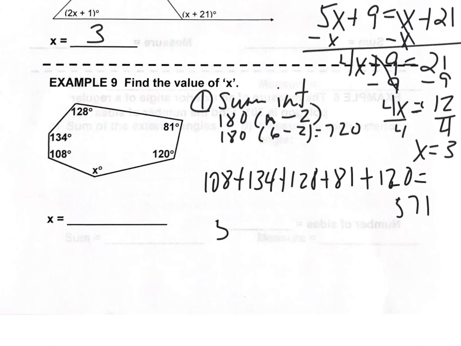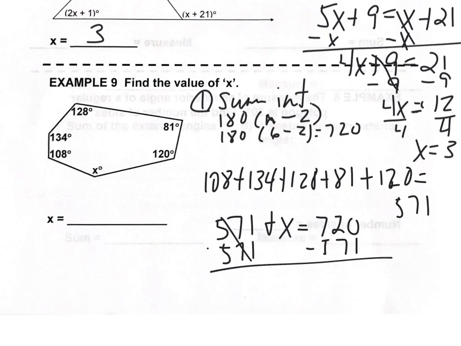So we have 571 plus x equals 720. Minus 571, so x equals 149. So this angle equals 149.